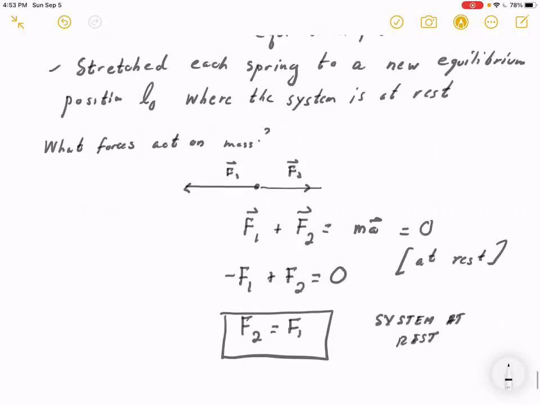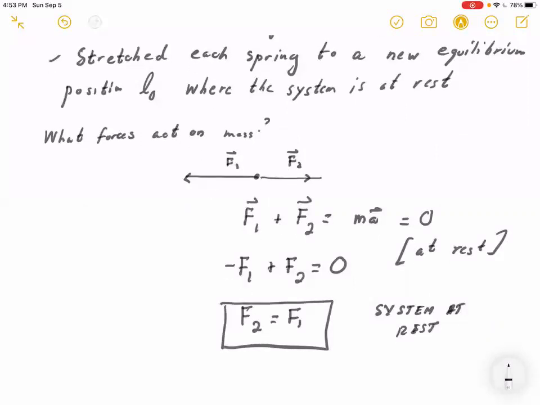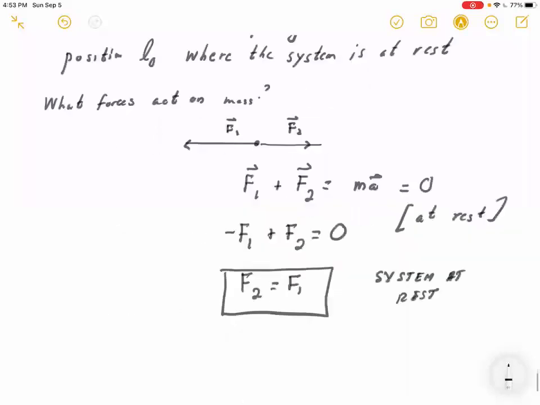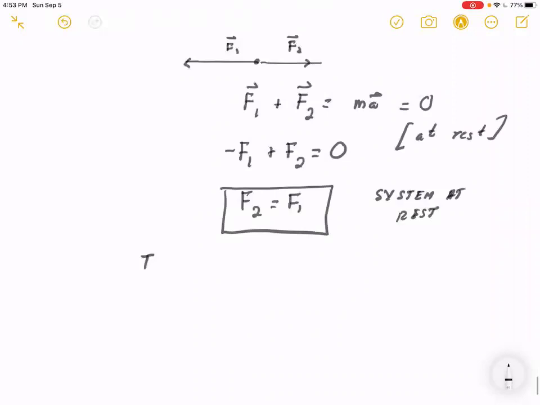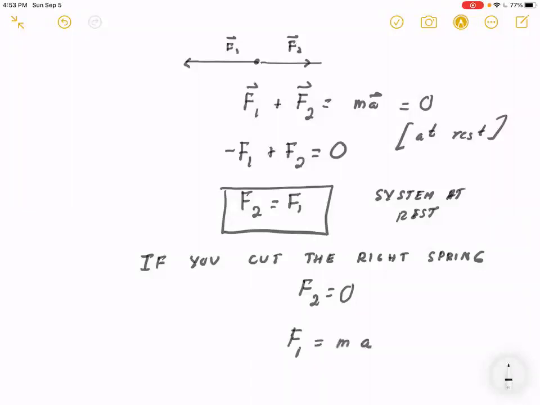So you may say, well, why go through the trouble of going through this example? Well, even though the system is at rest, if you cut, for example, the right spring, then there is no force due to that spring anymore, and your system would accelerate.